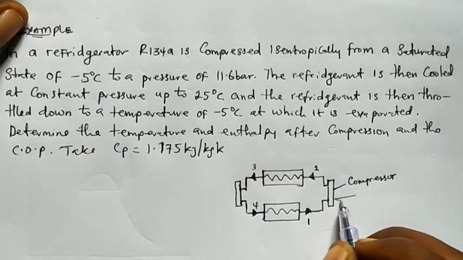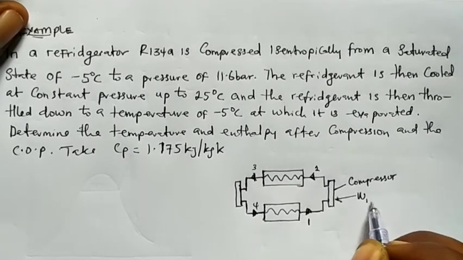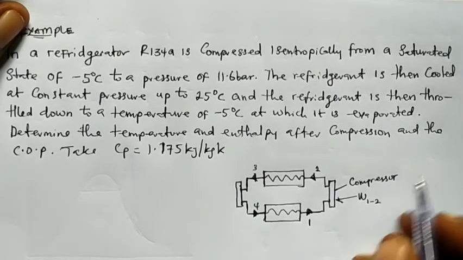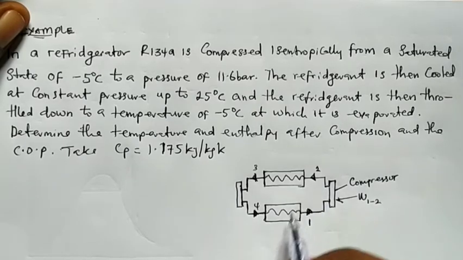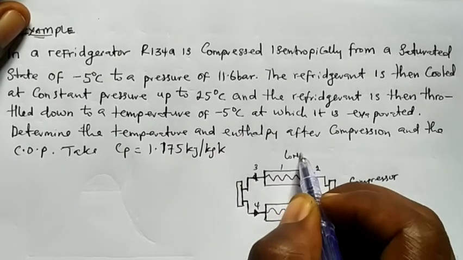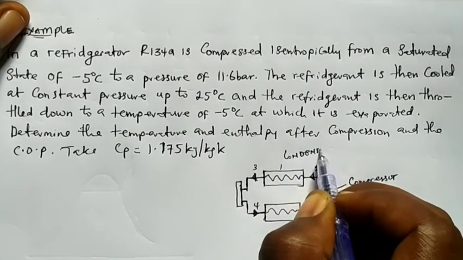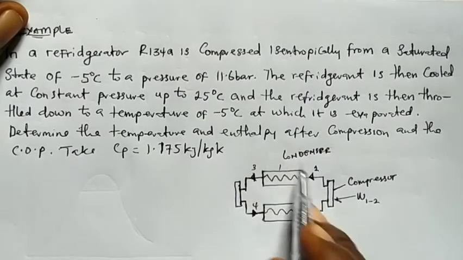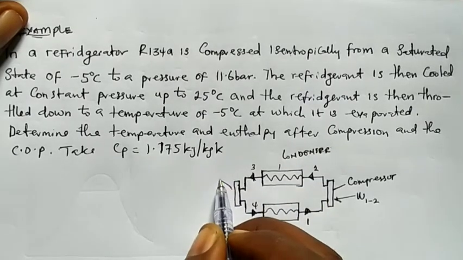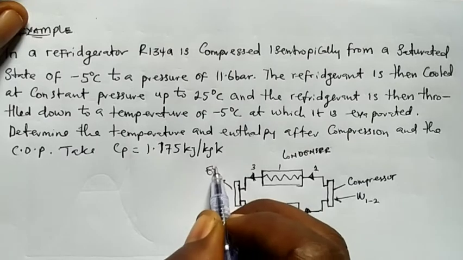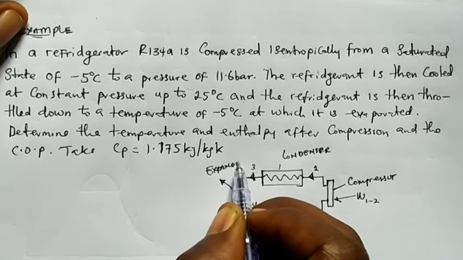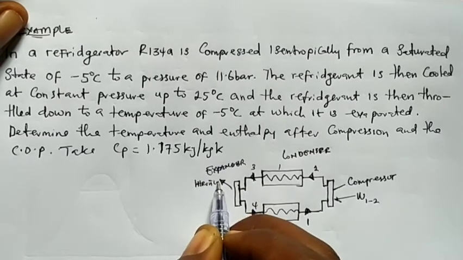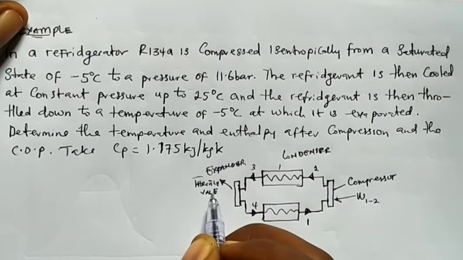There's always a work input into the compressor, right? Now, this is the condenser, where heat is rejected. This is the expander, but in this case we have replaced it with a throttle valve, right?